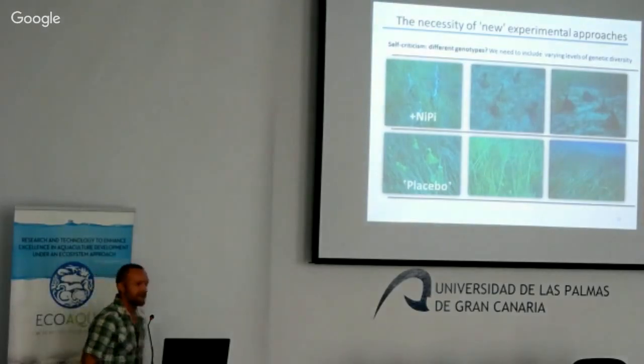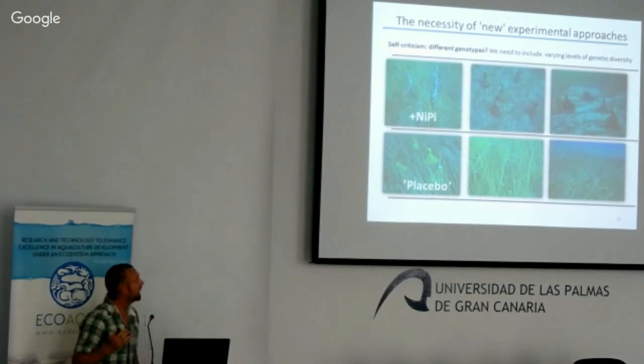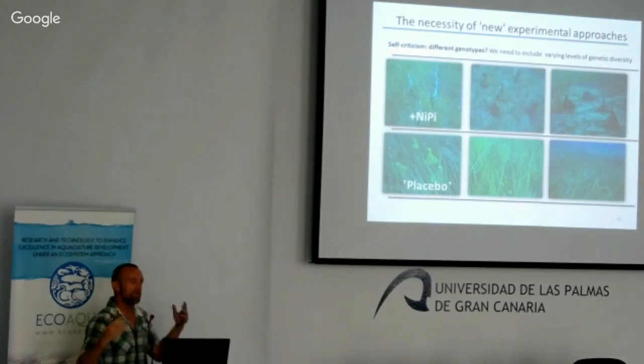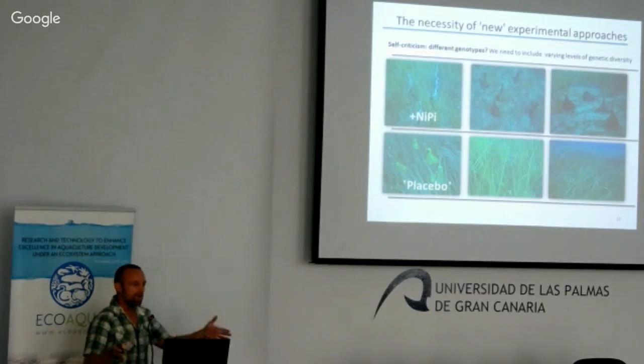Okay, so as I said yesterday, taking into account all the things that have been pointed out, I have to self-criticize my experiments in the past, because when I tried to work out the effect of a range of environmental stressors, for example fertilization, sedimentation, and so on, on my case study species, the seagrass, I always ignored the genetic identity.